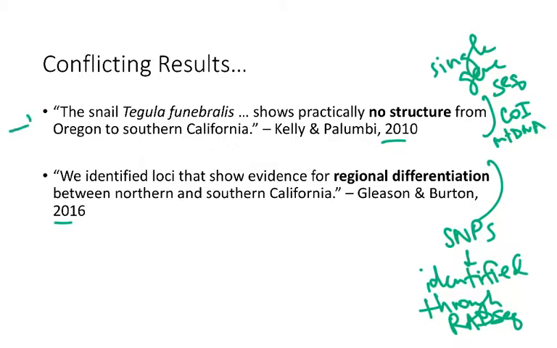So in this example, when you only looked at single gene sequencing from a mitochondrial DNA marker, the results told you that there were no genetic differences between individuals along the coast. But if you look at that in a different way and instead use thousands of SNPs and narrow that down to adaptive SNPs, you can actually see that there are genetic differences between individuals in Northern and Southern California.